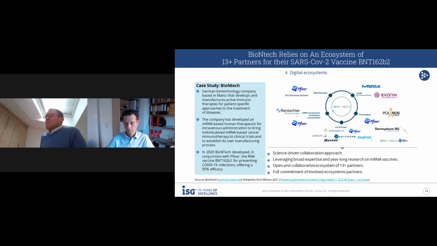So they really managed to establish an ecosystem of partners for the development of this vaccine, and especially also for the production and the very complex logistics behind it. The BioNTech vaccine is one of those that needs to be transported at a very low temperature, so it really includes a sophisticated supply chain. And this is really something that only works if you have a reliable ecosystem.